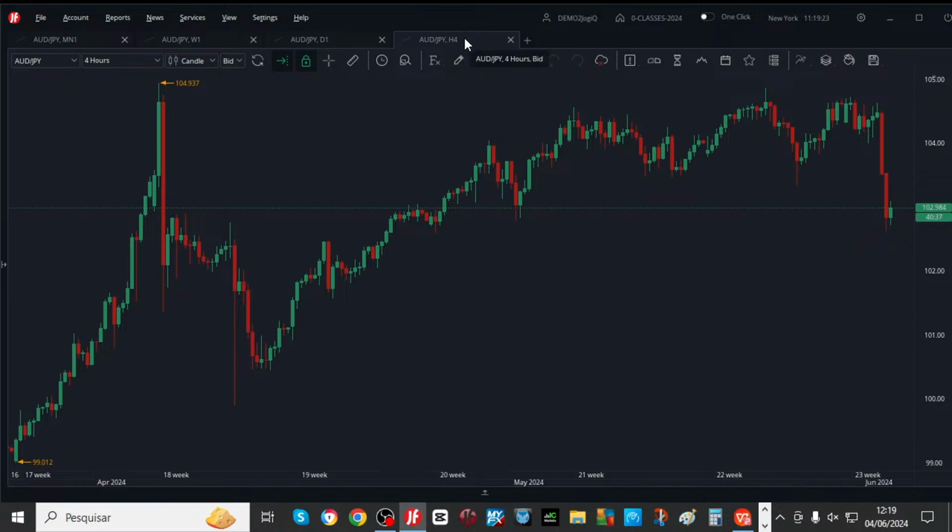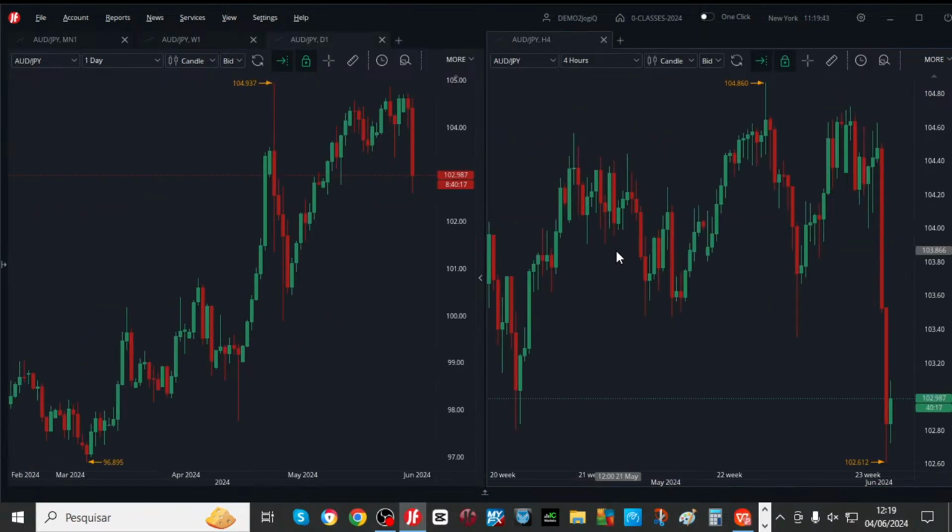Then you left click on the 4-hour chart and you don't just click, you keep the button pressed and start moving the mouse. Can you see, as I'm moving, different rectangles appear? Now I unclick the mouse and there you have 2 charts.